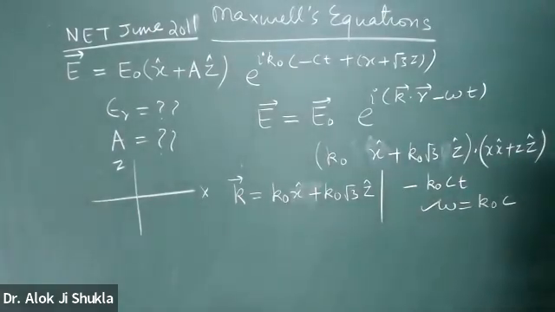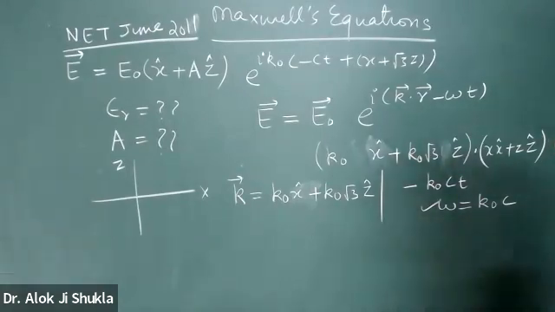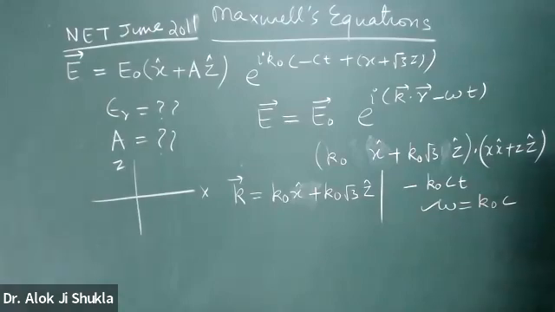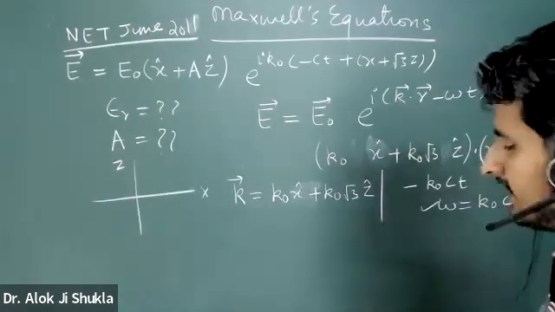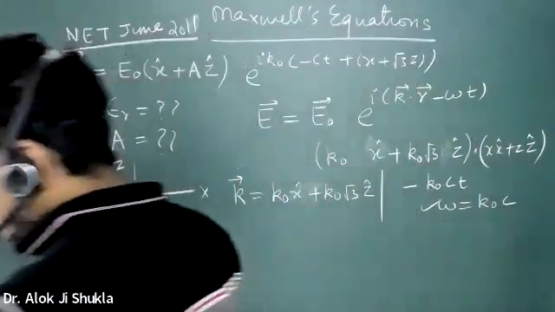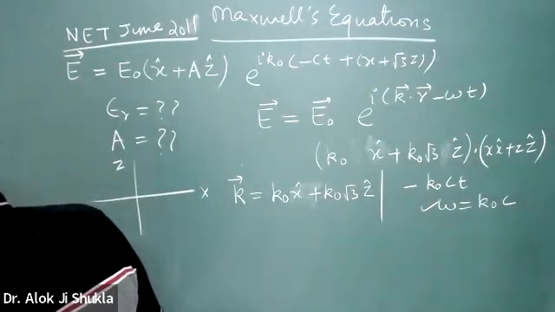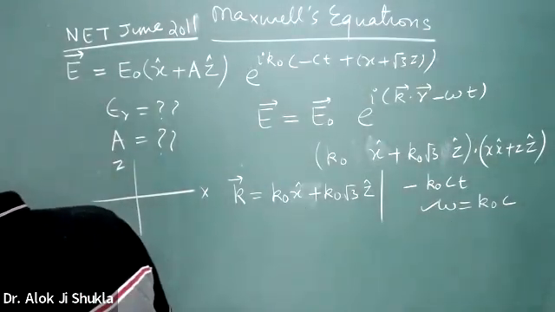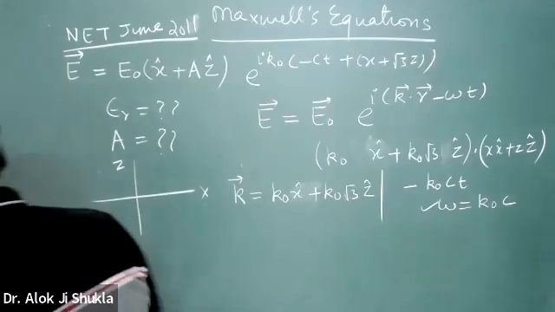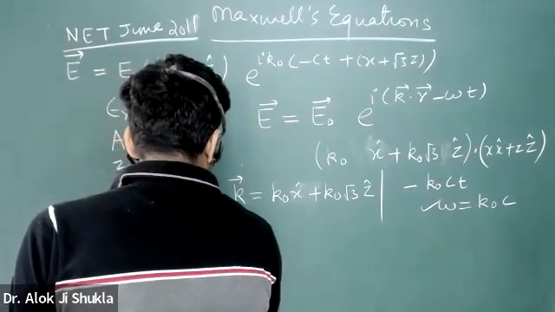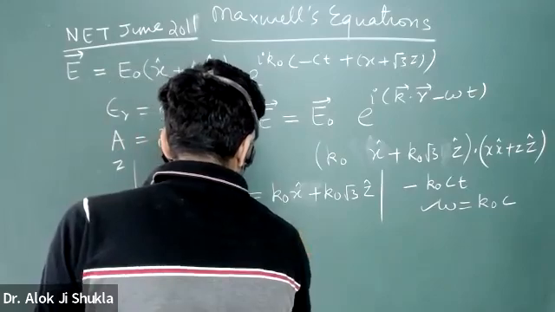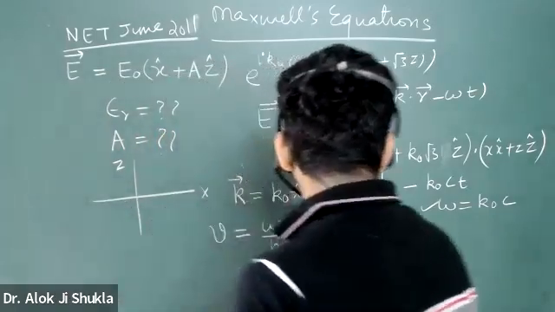And we have to compare the velocities. Let us calculate the velocity. What is velocity equal to? V is equal to phase velocity, what is it? Omega by K. So let us write velocity V is equal to omega by K. What is omega?